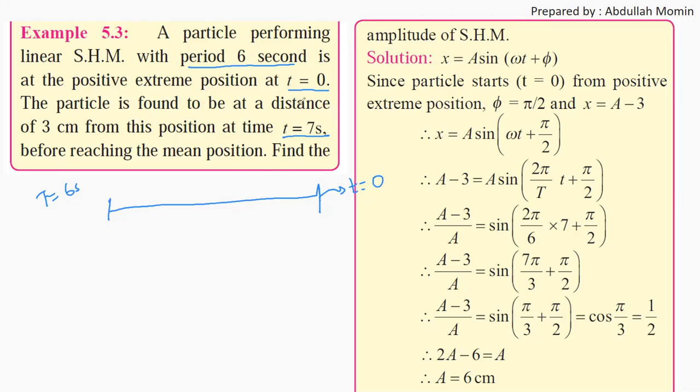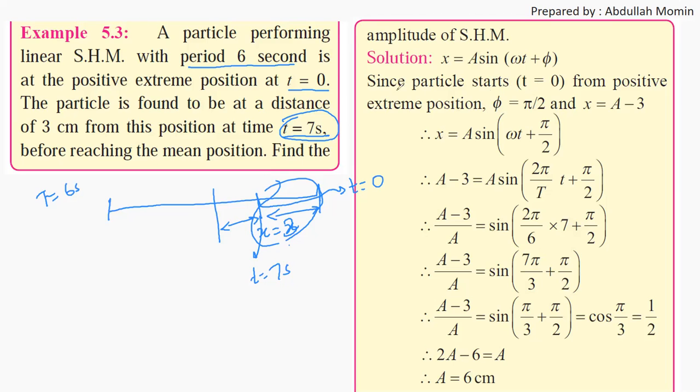The particle is found to be at a distance from this position. The distance from the extreme position is 3 centimeter, at time t, and to reach here it took 7 seconds, before reaching the mean position. Find the amplitude.